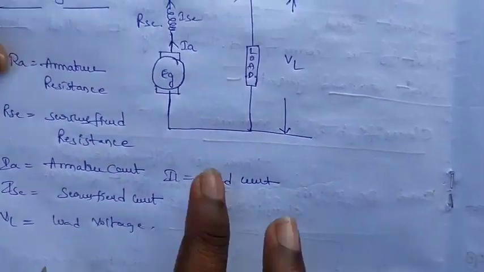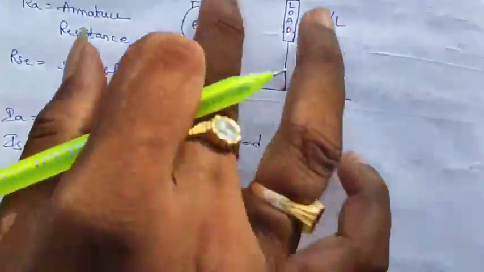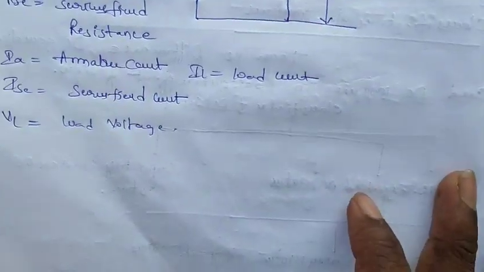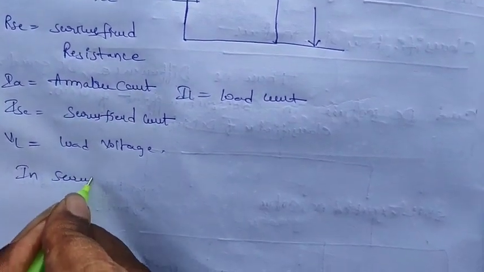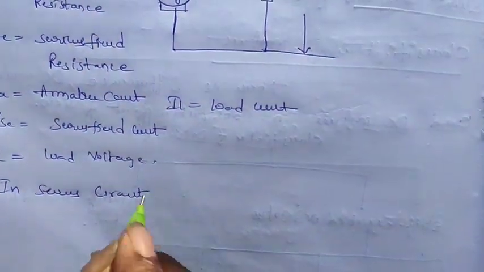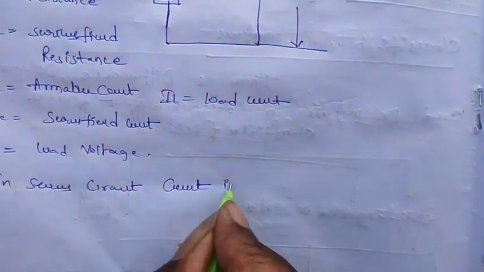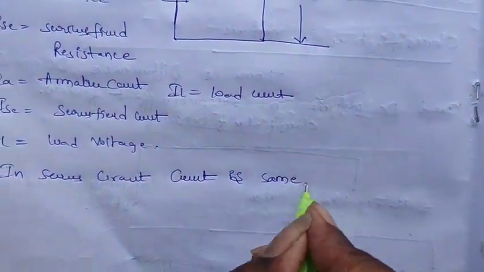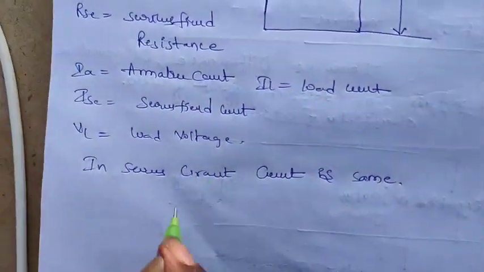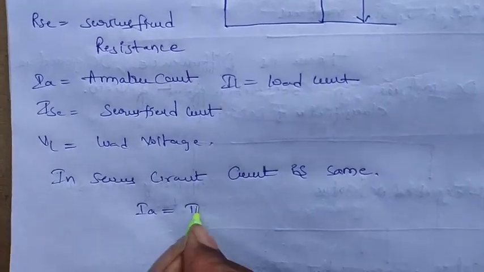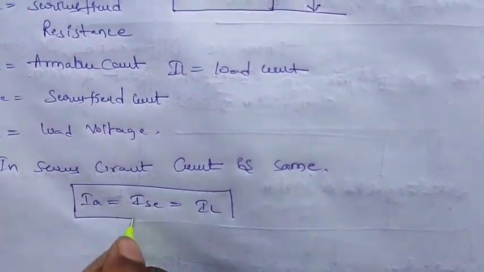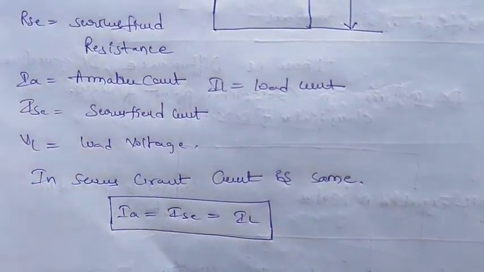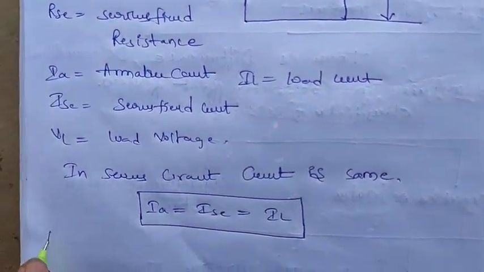Here there is only one loop, that means it is a series circuit. What we discussed in class: in a series circuit current is the same. That is IA equal to ISC equal to IL. There are no other paths, that's why current is the same.